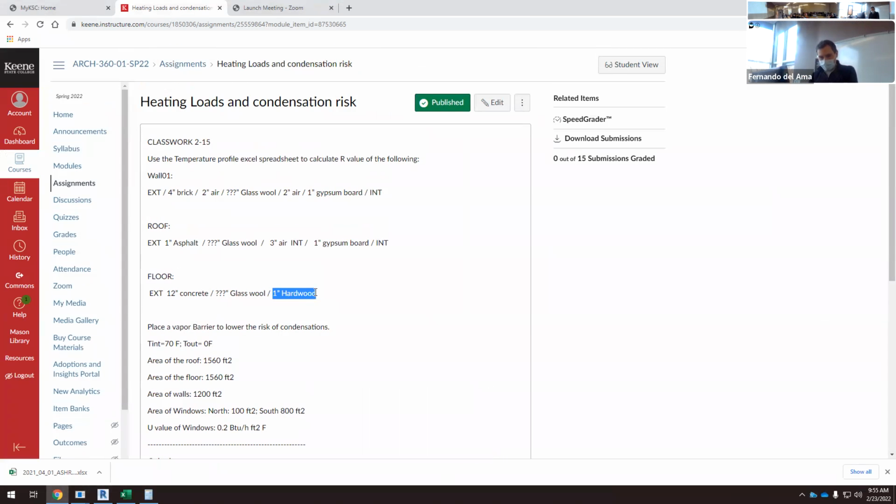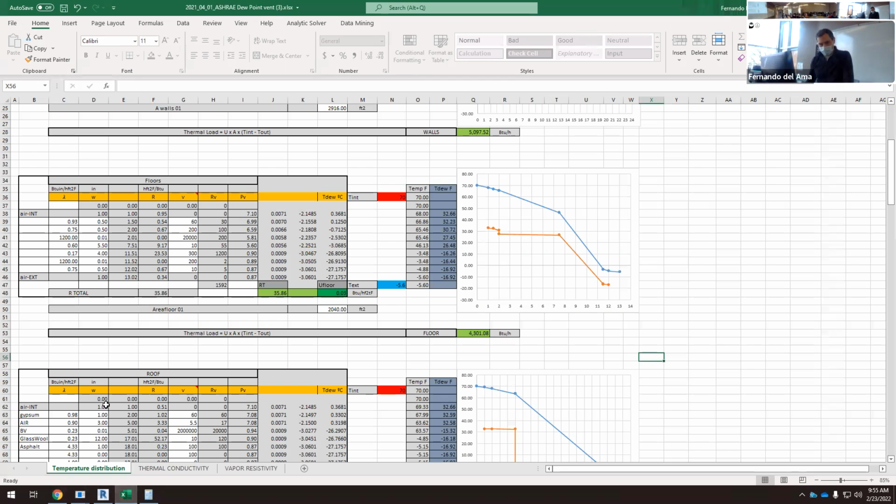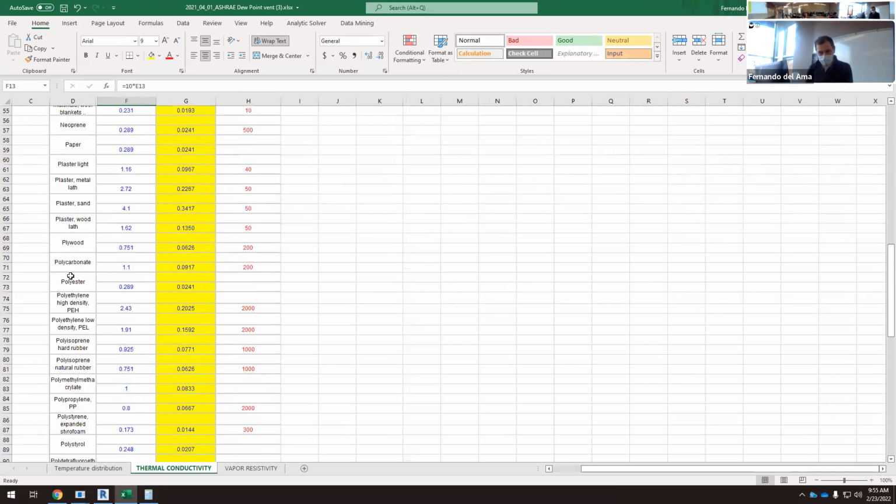It's hardwood, 1 inch. Then we have glass wool and concrete. So it's hardwood, 1 inch. Where's the floor? Here. We're talking about inside hardwood, 1 inch. What's the thermal conductivity of hardwood?